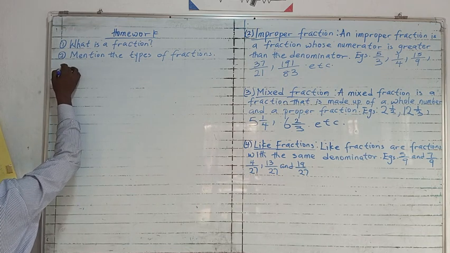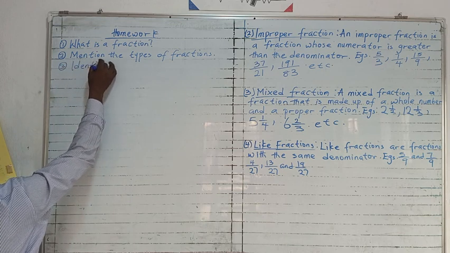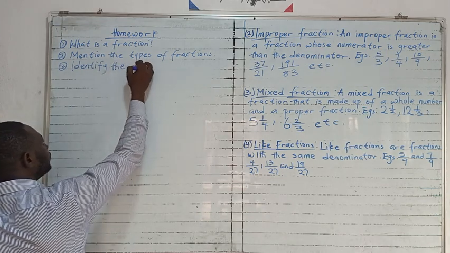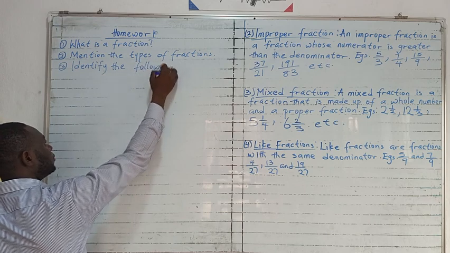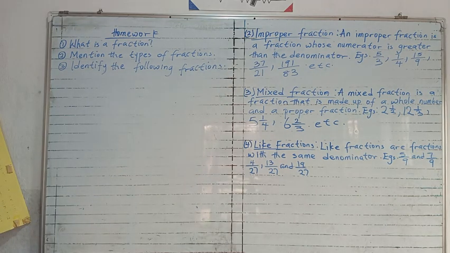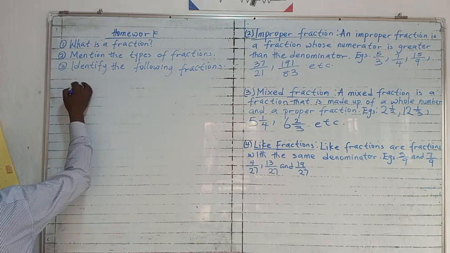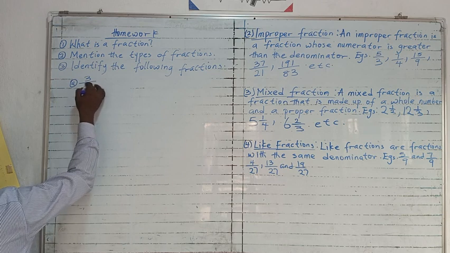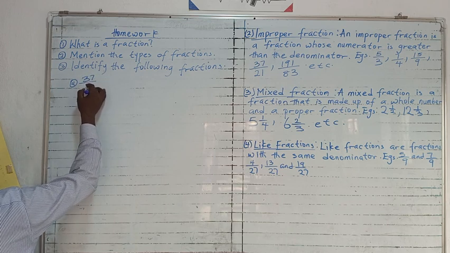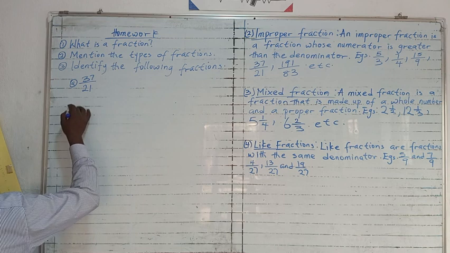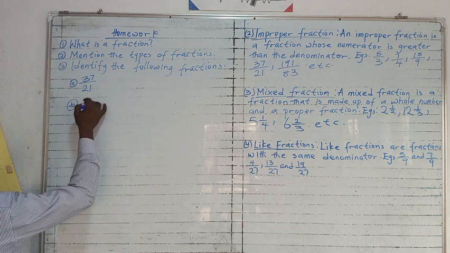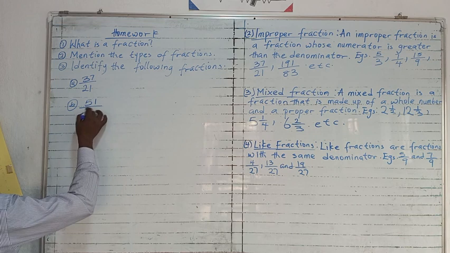Number 3. Identify the following fractions. A, 37 over 21. B, 51 over 93.